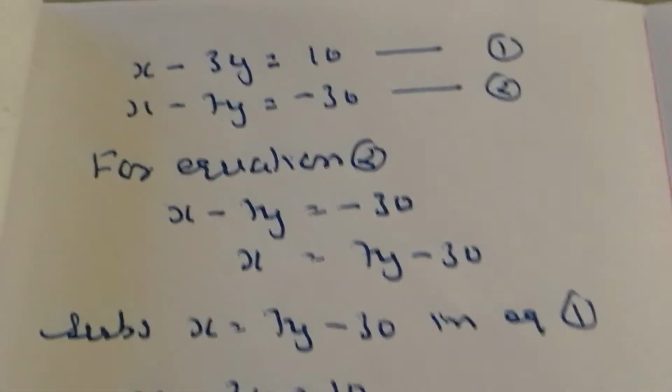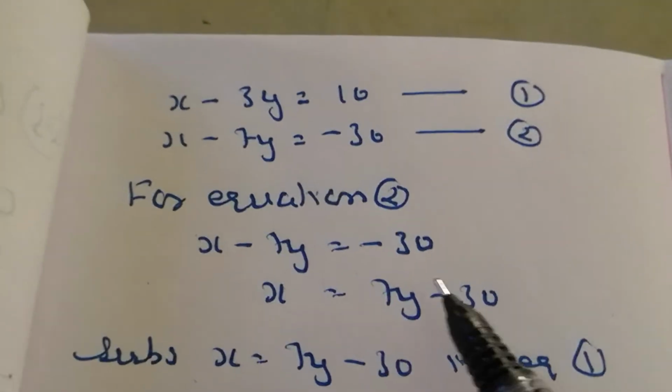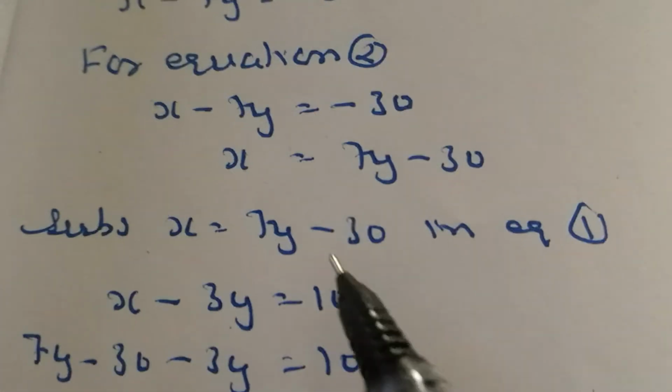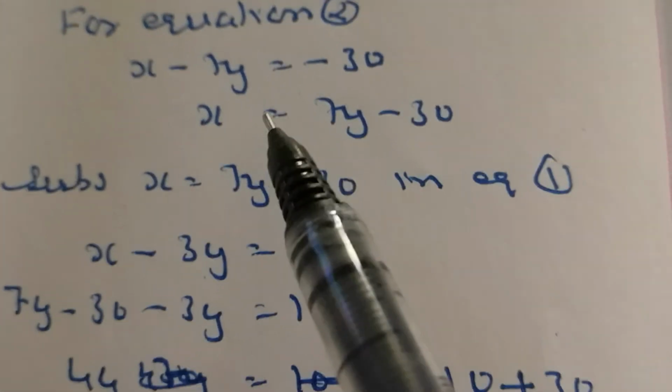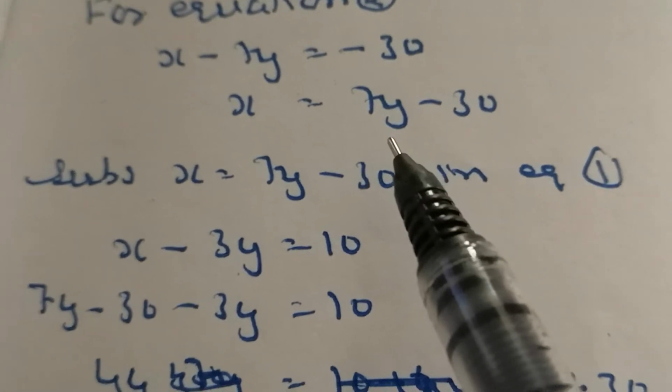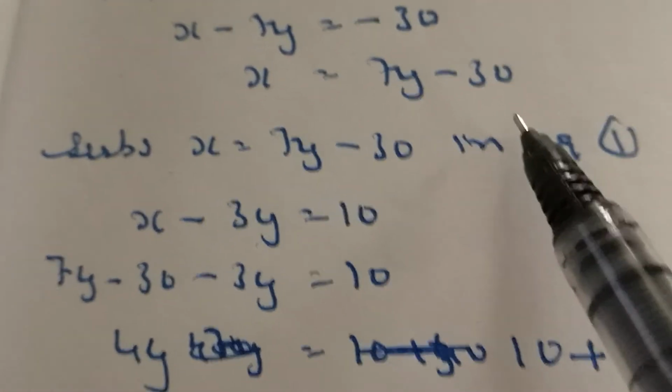So I have got two equations, that is x minus 3y is equal to 10 and x minus 7y is equal to minus 30. Now for equation 2, x minus 7y is equal to minus 30. So x is equal to, 7y shifted on the right hand side becomes plus, 7y minus 30.